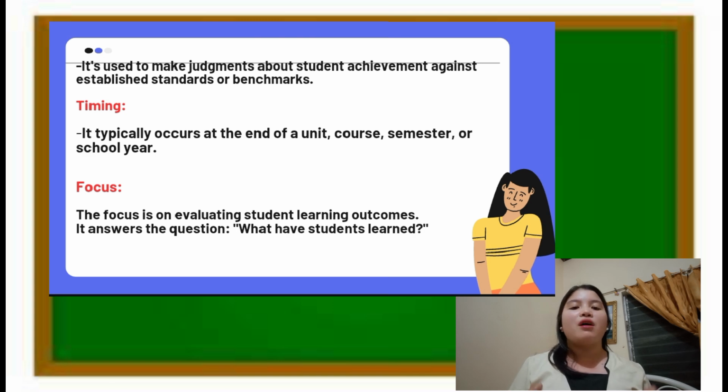The focus is on evaluating students' learning outcomes. It answers the question: what have students learned?